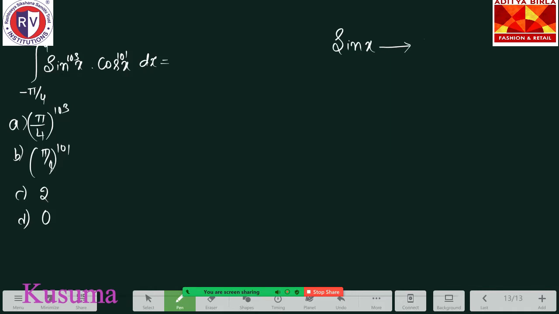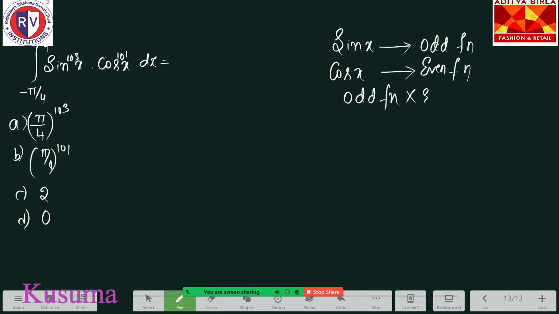Odd function. What about cos x? Cos x ಏನು even or odd? Even function. So here we have the product of an odd function and an even function. So what is odd function into even function? Will it be an odd or even? Odd. So you know that the product of odd function and even function will be an odd function.